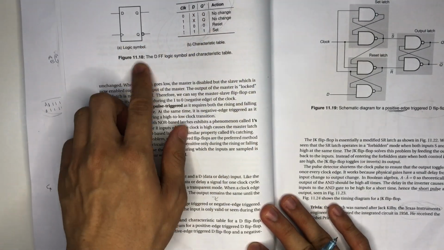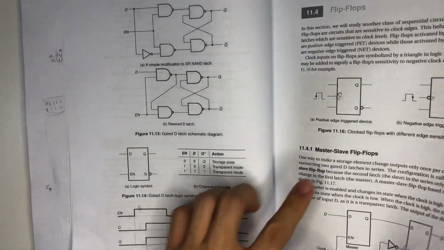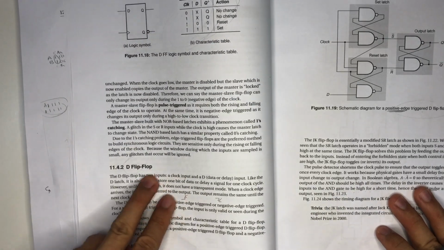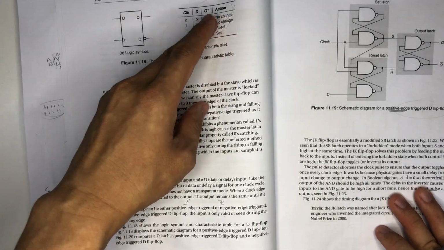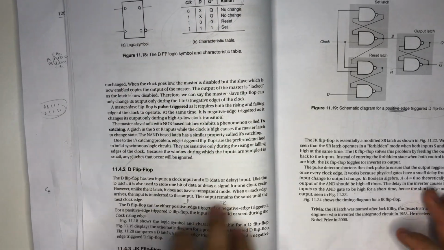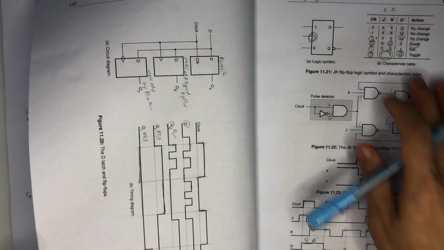Sorry, just now, this one is for the D flip-flop, not for the master-slave flip-flop. Then I covered the D flip-flop with its characteristic table, and the JK flip-flop.